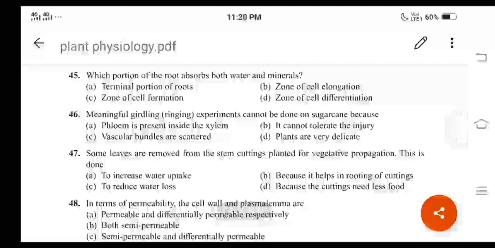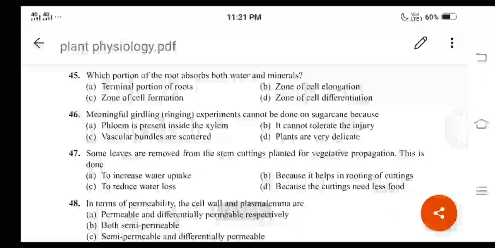In the sugarcane stem the vascular bundles are scattered, and uniformly we cannot remove the phloem part there.